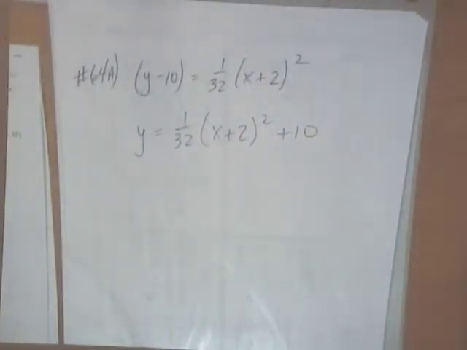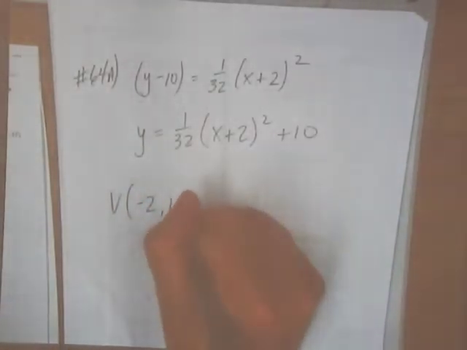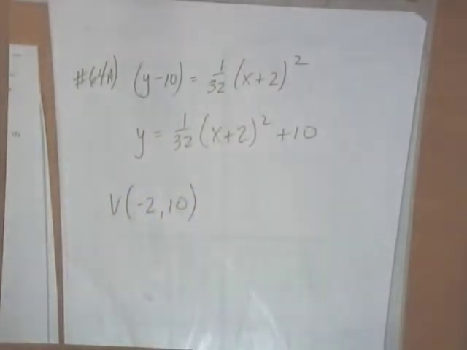Okay, so what's the vertex of the parabola? -2, 10. -2, 10. And which way does it open? Up.